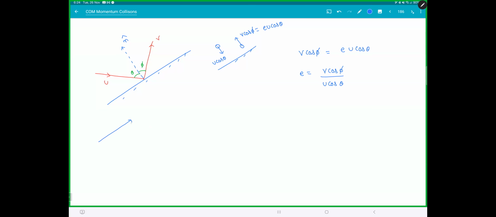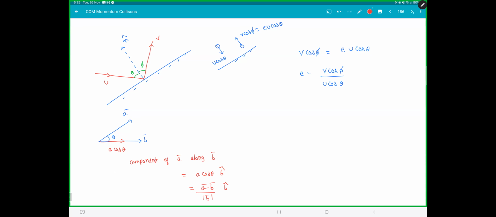So how do we find that? If I give a vector a bar and a vector b bar, we did this in vectors. If you want to find this component a cos theta, the component of a bar along b bar is nothing but a cos theta into b cap, which is a bar dot b bar by mod b bar.